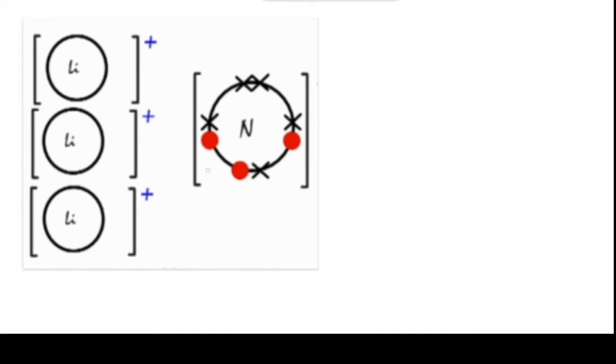You can also draw the structure as just 1 lithium ion, and since there are 3, you can write 3 Li+ and then a nitride ion.